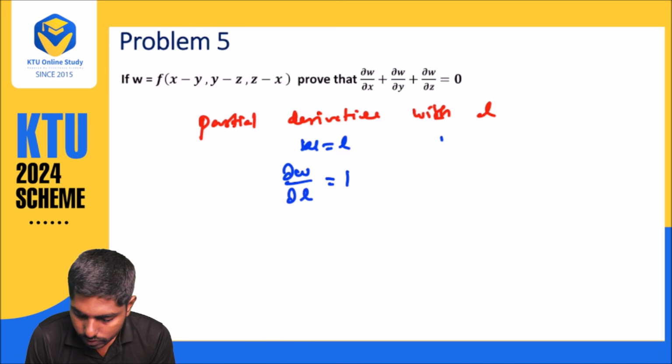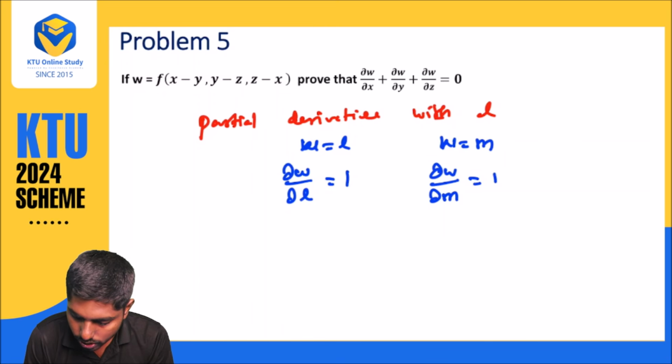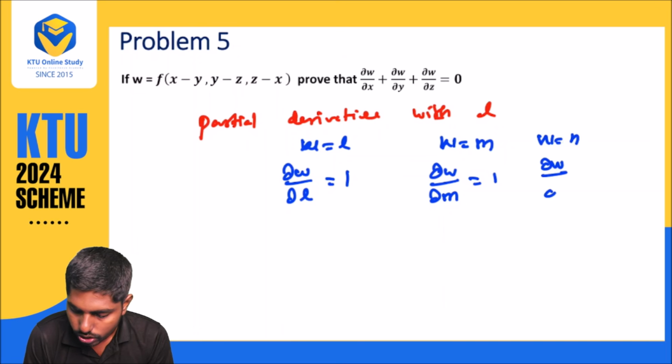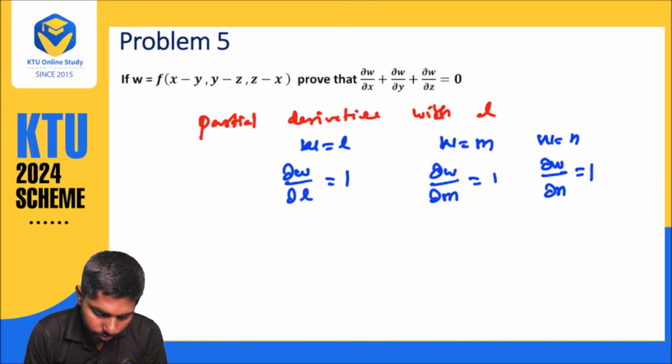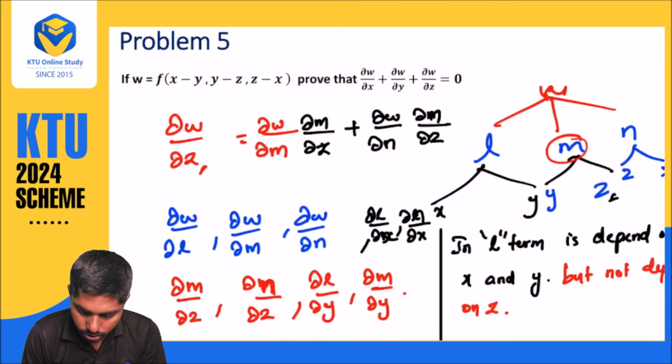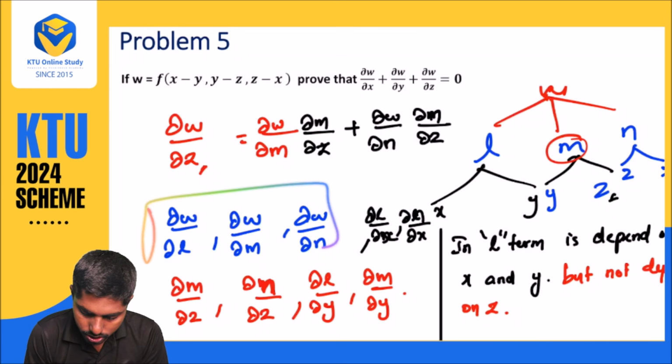Similarly, when W is equal to M, dou W by dou M is nothing but 1. And similarly, when W is equal to N, dou W by dou N is nothing but 1. So these three things are completed.